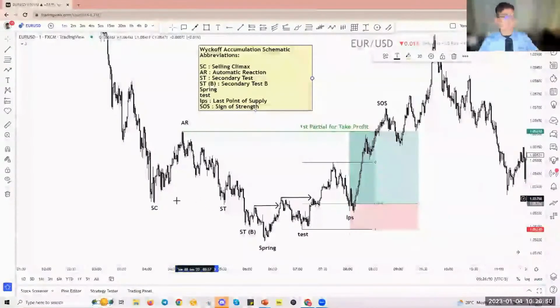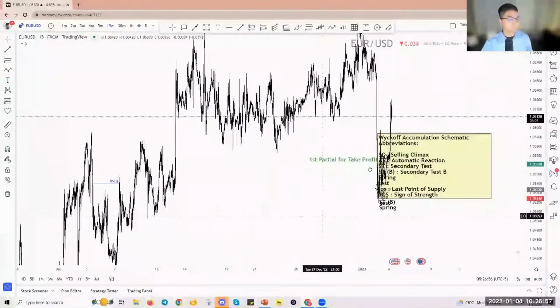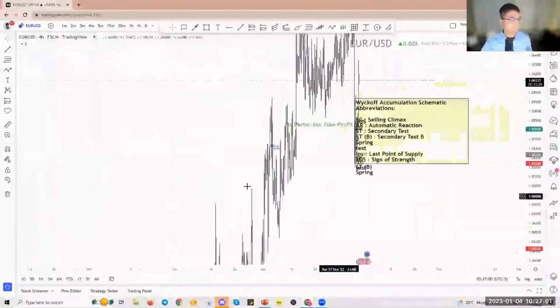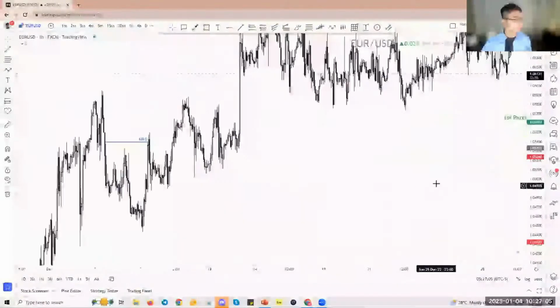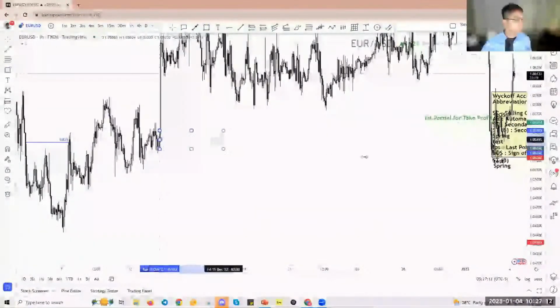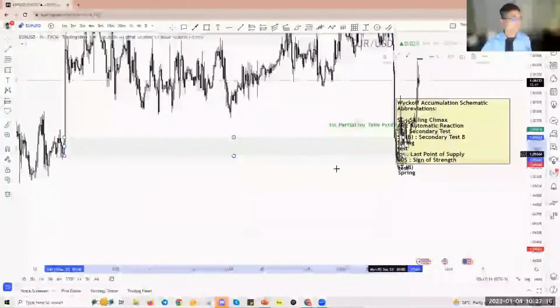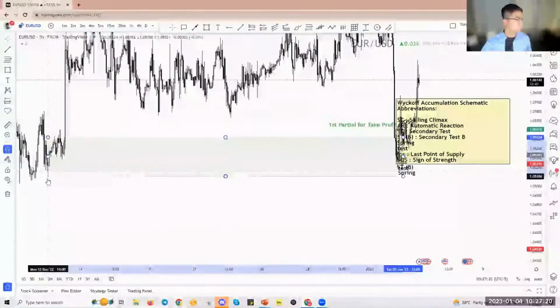So normally when an accumulation happens, let me move to the 15-minute chart. There's some kind of demand area that price has to rest into. So in this specific scenario, we have a very, very nice 1 hour demand area.